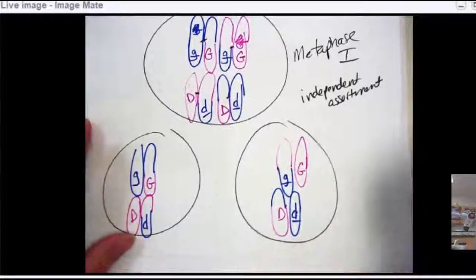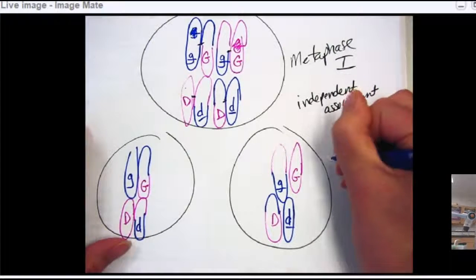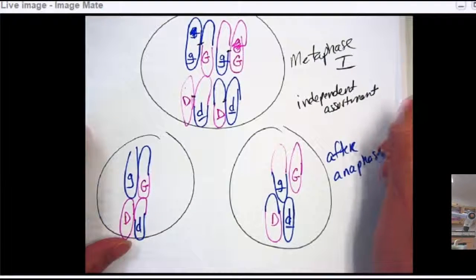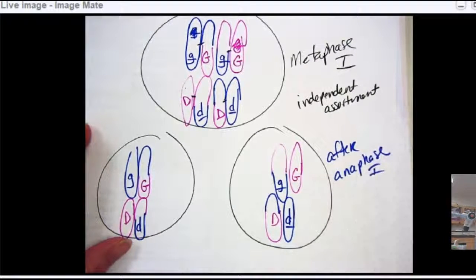So this is after anaphase. Anaphase 1 is when the homologous ones separate. Okay, so you guys with me so far?